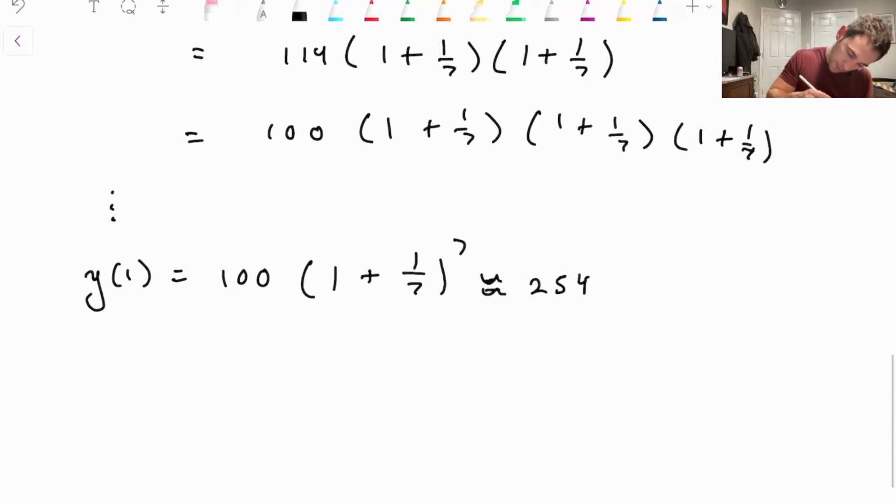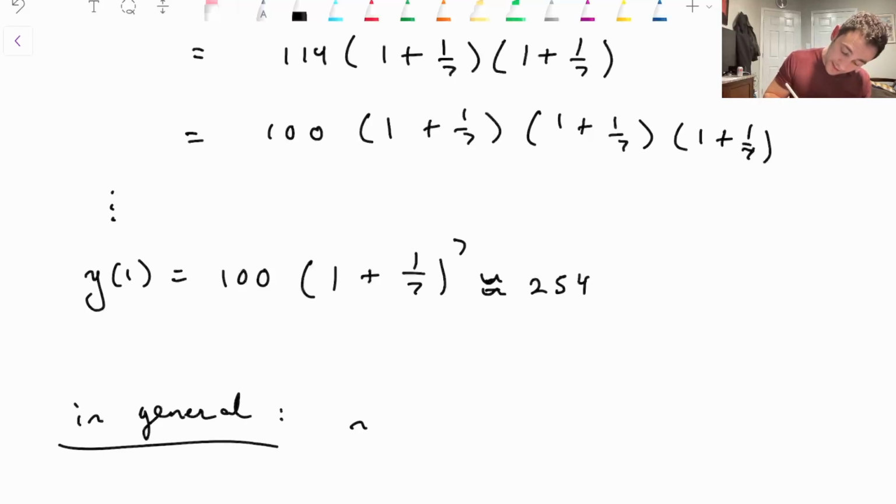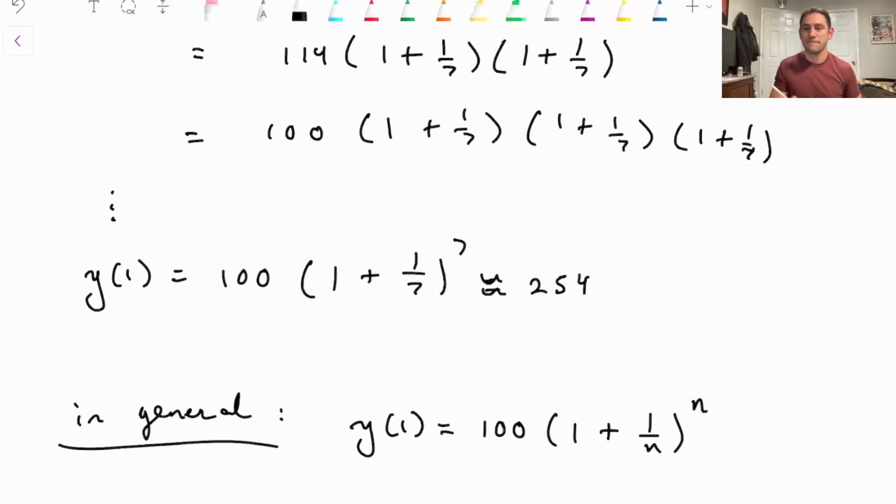So in general, I might expect that by the end of the first week, I would have 100 of my initial individuals that will have had infinitely many opportunities to infect other people, right? Say n opportunities. So 100 times 1 plus 1 over n to the n.